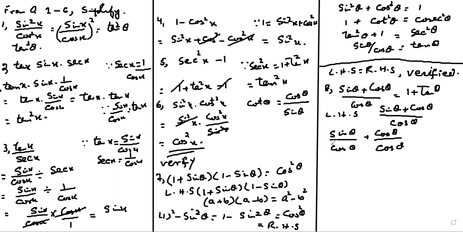So sine theta over cosine theta is tangent theta, and this cosine theta over cosine theta gets cancelled, we get 1, or we may write it 1 plus tangent theta, which is equal to our right hand side. The left hand side equals the right hand side.